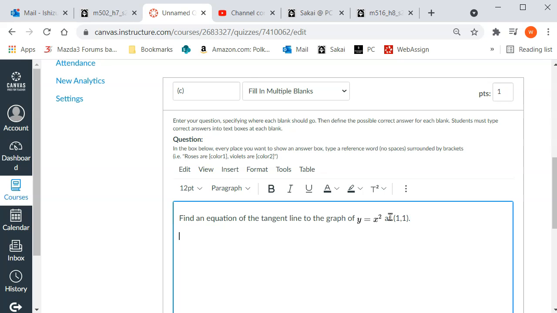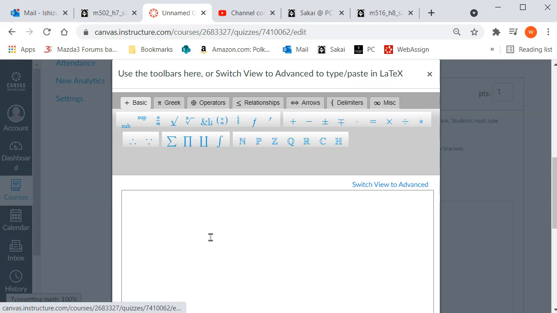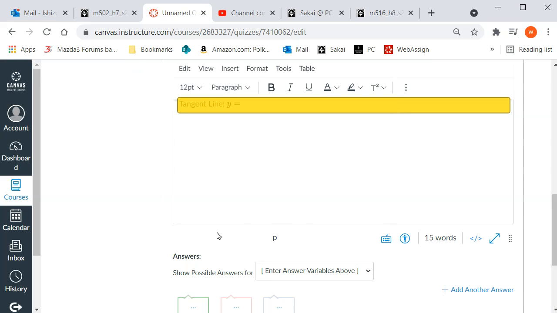Then you can just say, so y is going to be equal to, so maybe I should say tangent line. So the equation is going to be, again, I have to put an equation. So I'm gonna put y equals, insert.